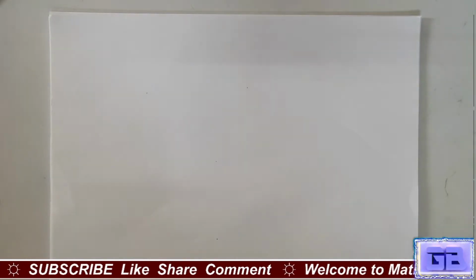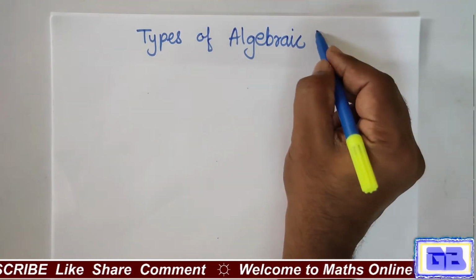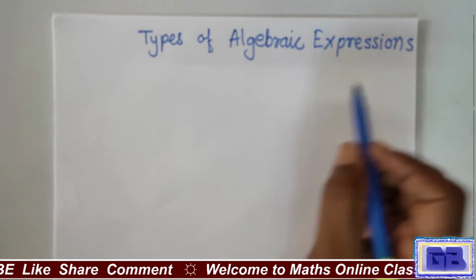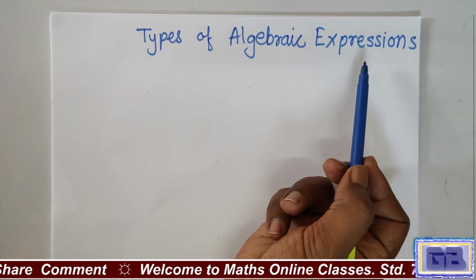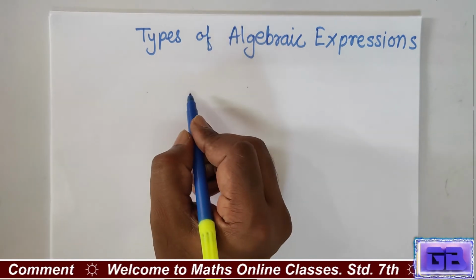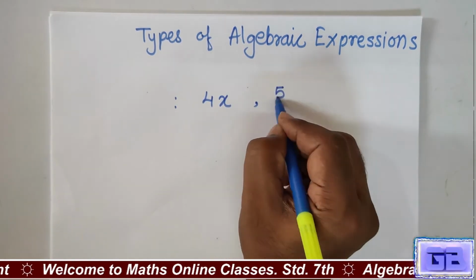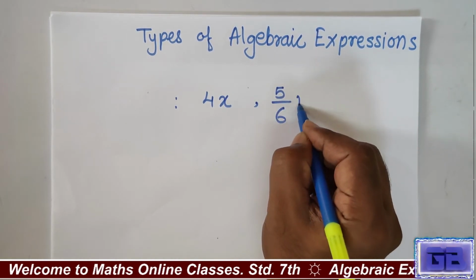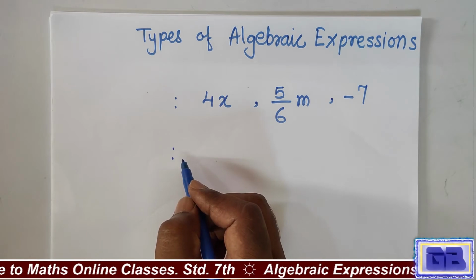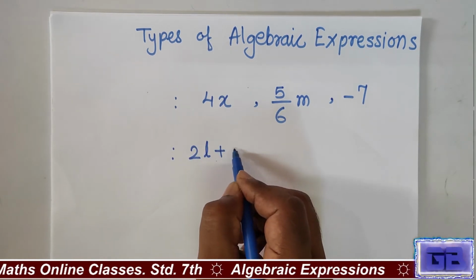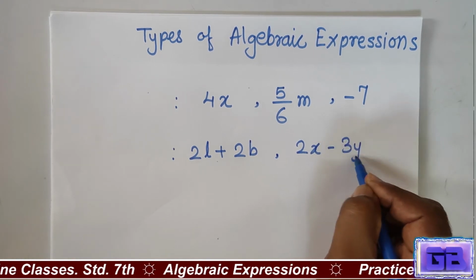Now we will learn types of algebraic expressions. I will write some examples. First example, I am writing 4x, 5 by 6m, negative 7. Second example, I am writing 2l plus 2b, 2x minus 3y.